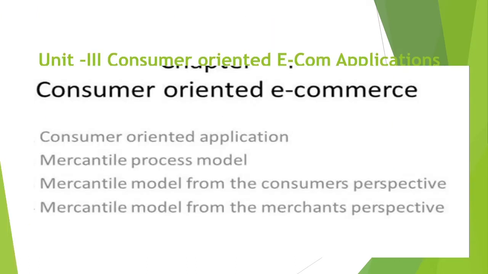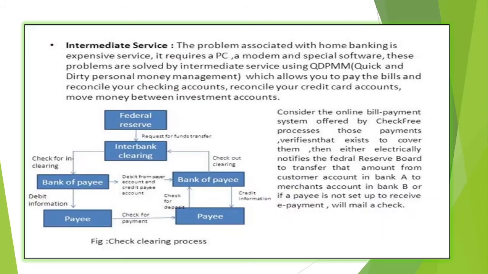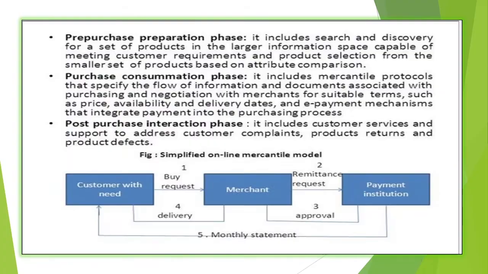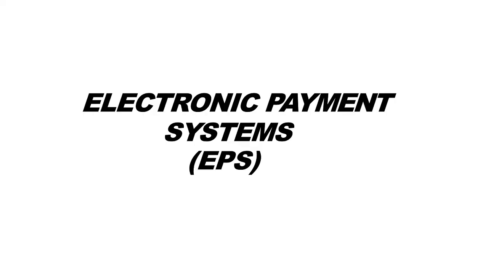So in last videos we discussed the consumer mercantile model from the consumer perspective, and the mercantile model from the merchant's perspective. So all this you look at in the earlier video. And EPS also. Students, remember EPS is a very important question. Electronic payment system is a very important question.